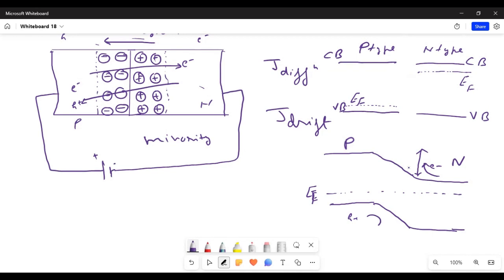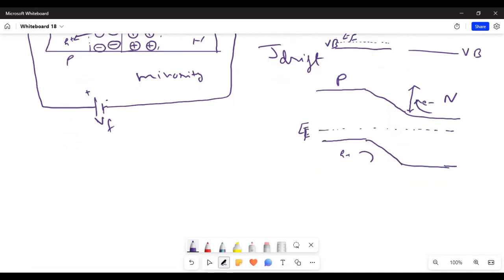Earlier there was equilibrium. Now there is no longer equilibrium. When we apply this potential, it acts opposite to the internal field, and this allows more holes to reach the other side. In this way, we see a current in the forward direction.